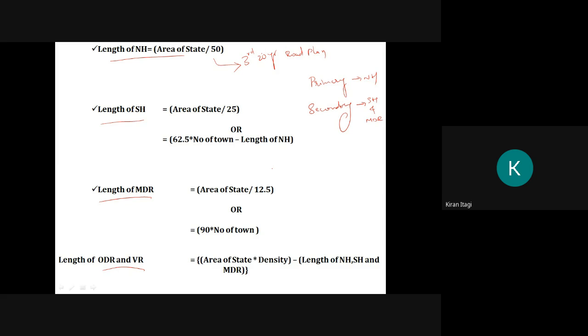And in tertiary we will be having other district road and village road. Keep it in mind. National primary we will have national highway, secondary we will have state highway and major district road, and third, tertiary, it will be other district road and village road. Be fast.